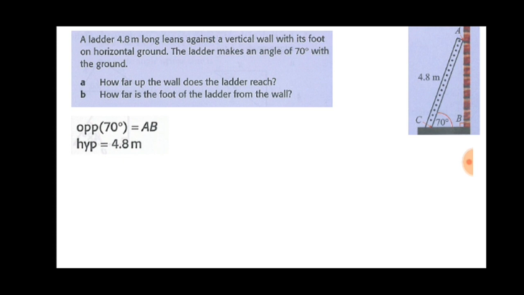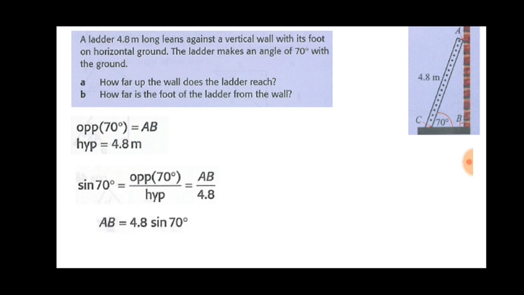So using the sine ratio, sine of 70 degrees is equal to opposite of 70 degrees over hypotenuse, which is equal to AB over 4.8. Multiply with 4.8 on both sides to find AB. So AB is equal to 4.8 times sine 70 degrees. Using the calculator, it is 4.5 meters.